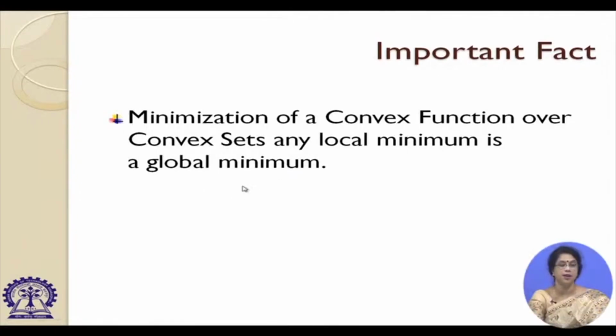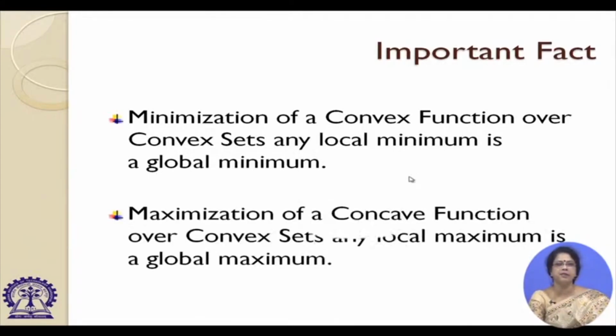That is a very important fact in convex optimization, that if we consider the objective function as convex and the constraint function as convex as well, and if we want to minimize the objective function, always we will get the global minimum. And this is a reverse case for the maximum problem. If the objective function is concave, constraint function is convex, if I want to maximize the objective function, always we will get the global maximum. That is the beauty of learning convexity, concavity of nonlinear programming problem.